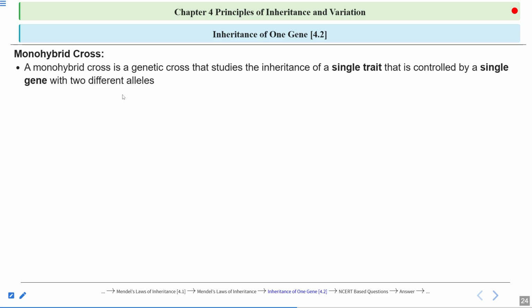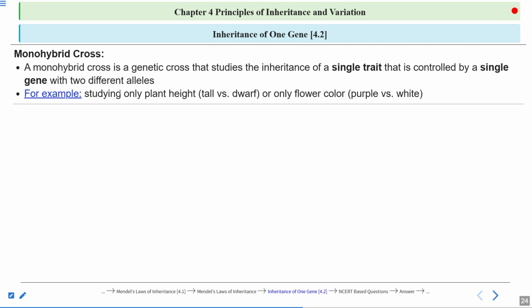Simply, it is a cross between two individuals which differ in only one trait or one gene. For example, plant height, where the plant can be tall or dwarfed, or flower color, where the flower can be purple or white. When the cross is made, the plants differ only in one trait, which is controlled by only one gene.